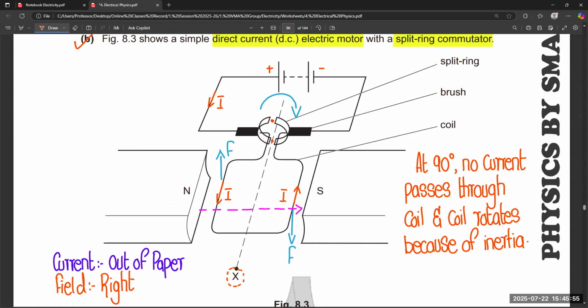Because initially it is rotating with the help of the force, and afterwards it will continue the rotation because of that force. So that is the concept of inertia.